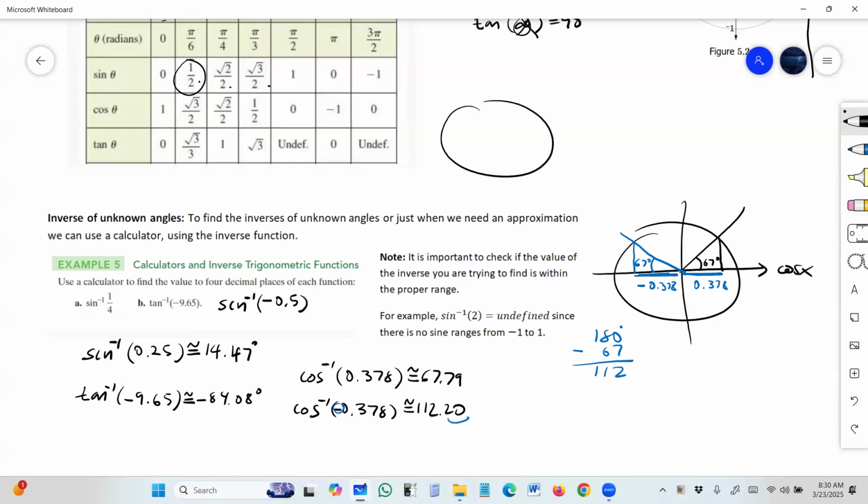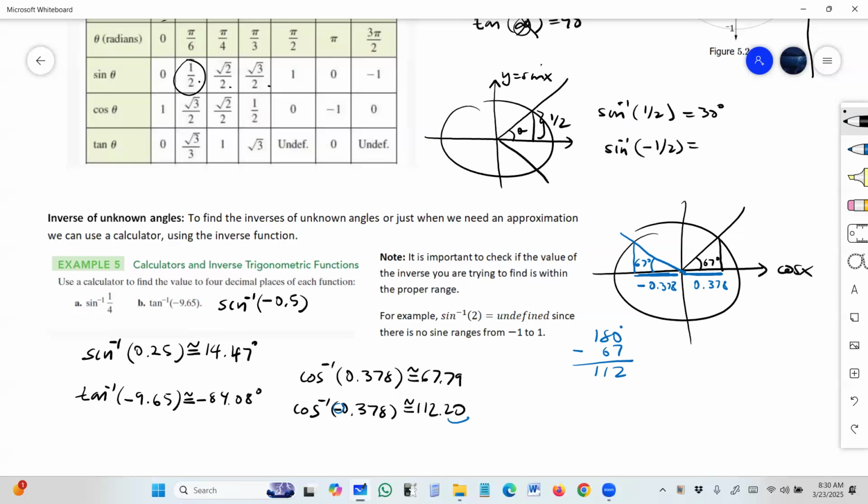On the sine, I know my sine is this axis. This is theta, and in case I have a positive 1/2, sine of positive 1/2 is my 30 degrees. Now, I want to do minus 1/2 because I want to see if the calculator shows me negative 30 degrees or it's going to show me 330.